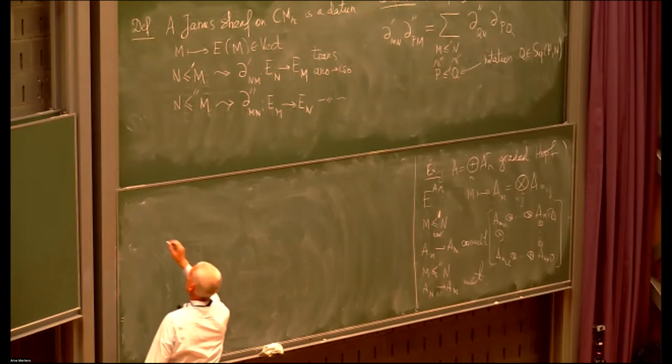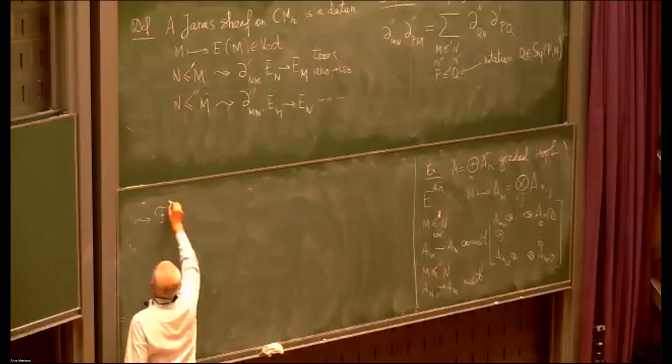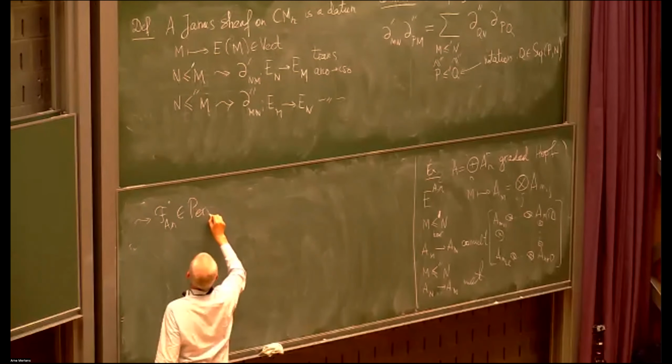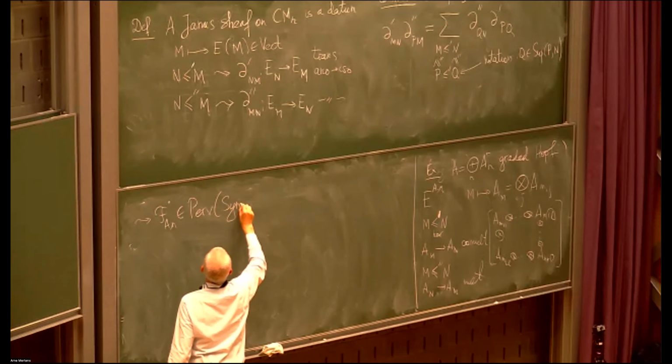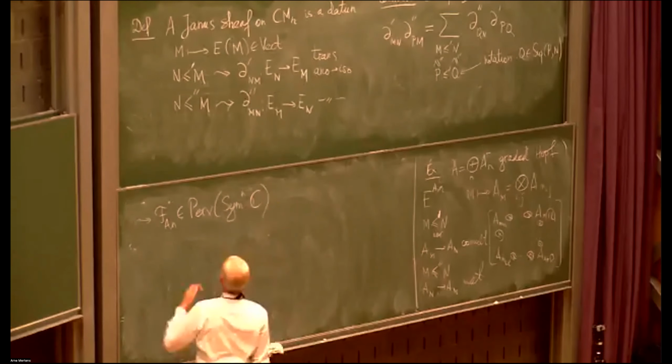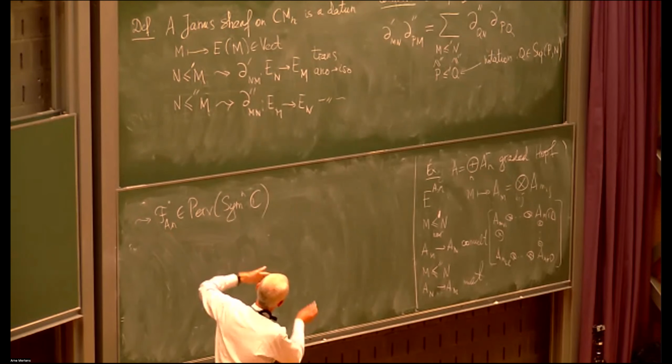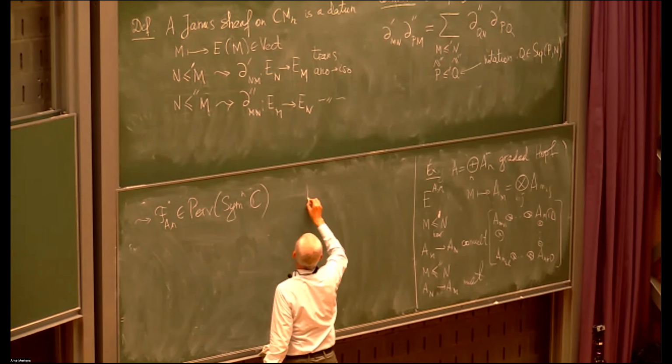So therefore, F dot A_M, and in fact, in this way, we get factorizing systems of perverse sheaves because for different n, we have the factorization property. I won't go into this.